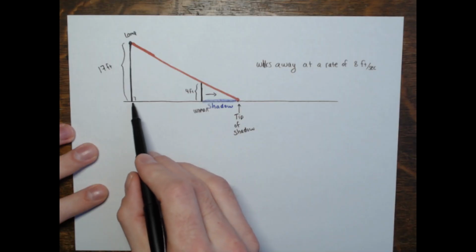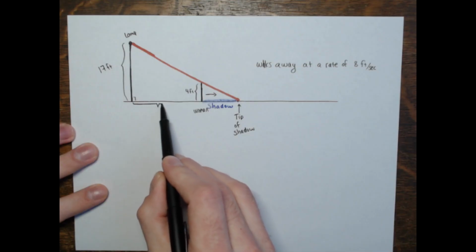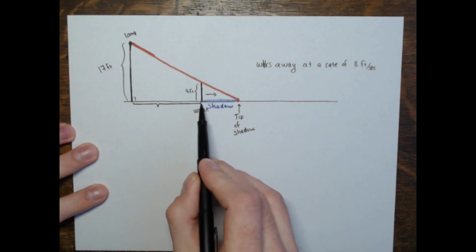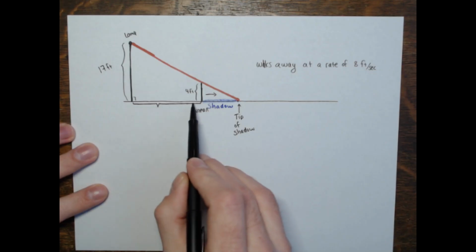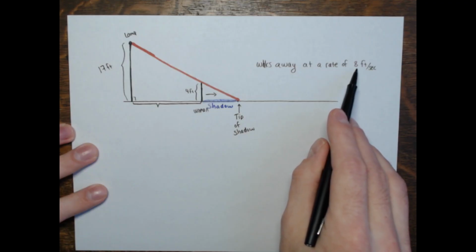So the distance from the pole to the woman is increasing at this rate.